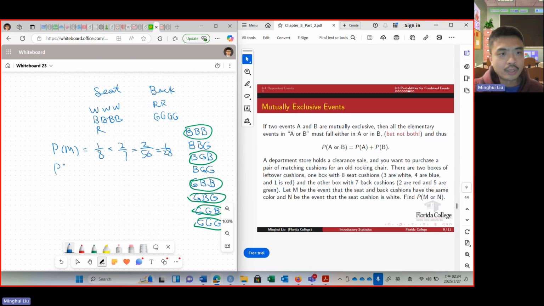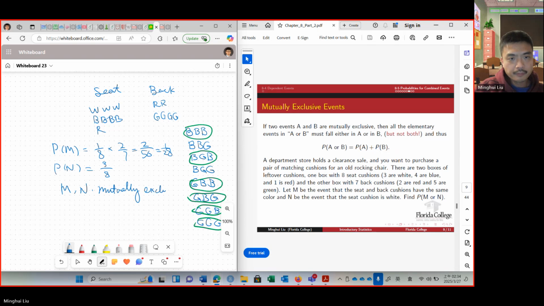And then we also know that P of N means the seat cushion is white. So the seat cushion being white is 3 out of 8. So this is the probability. Now, you see here, we have M and N are mutually exclusive, which means they have nothing in common.